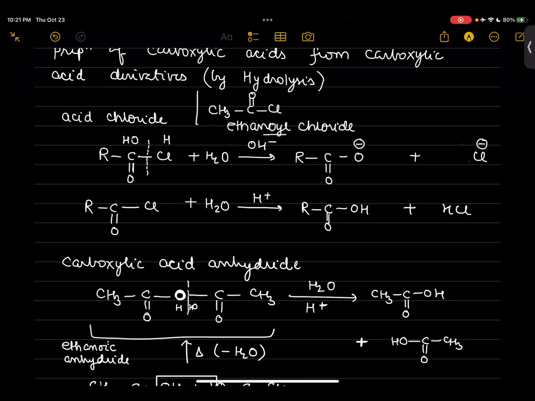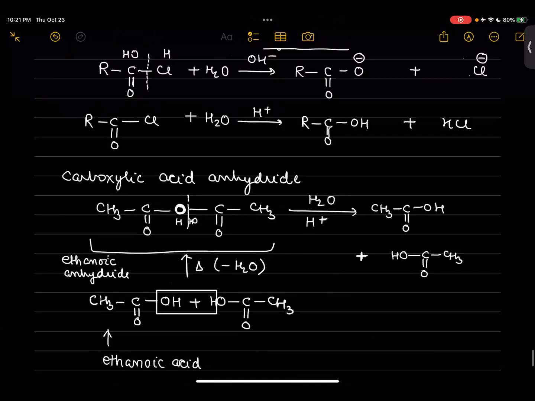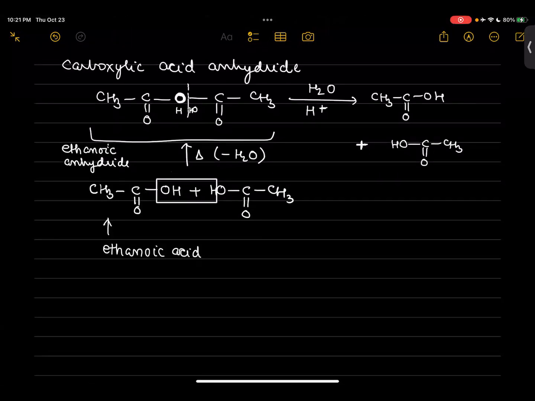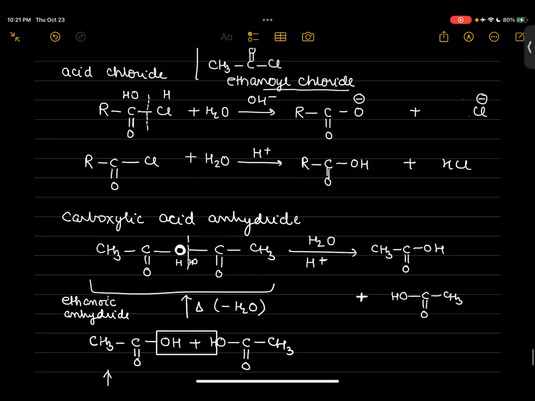This is the suffix for the acid chloride. The suffix for anhydride is oic anhydride. Got it? Because they are derived from the corresponding oic acid, you call them oic anhydride, and this is oyl chloride.